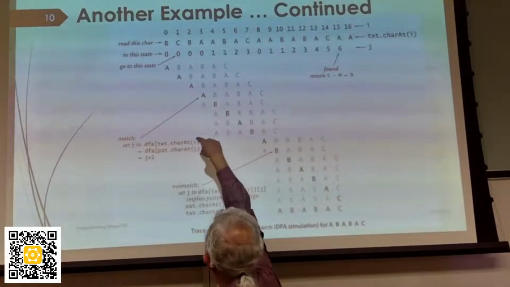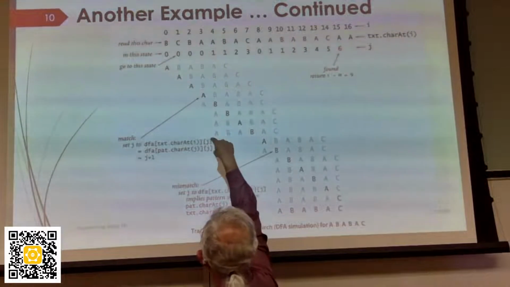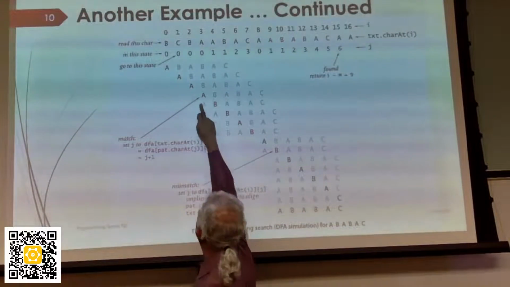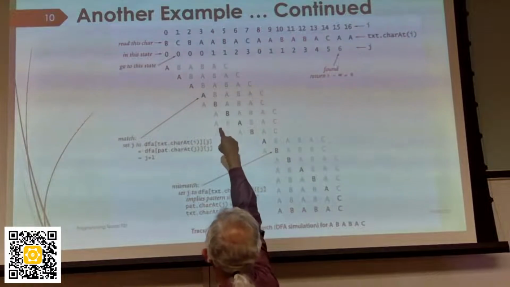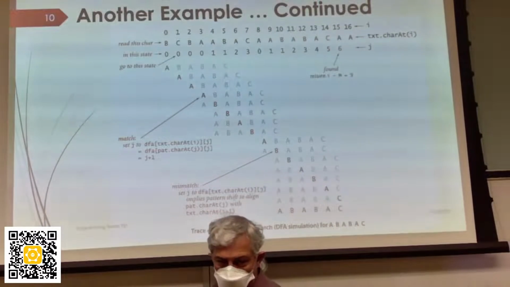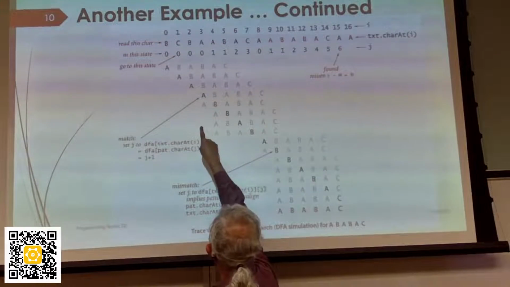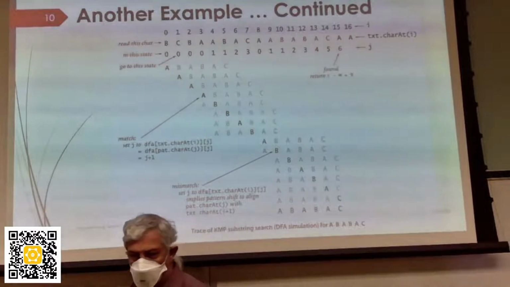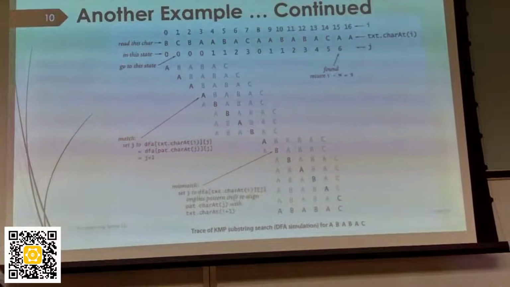Then you slid it over, and again the A mismatched. Again, the A mismatched. Now the A matches, that's why it's black in color. Then you look for the B, and the B doesn't match, and so it's red in color. In each case, when there is a red colored character, it slides over on the next row. Clear?